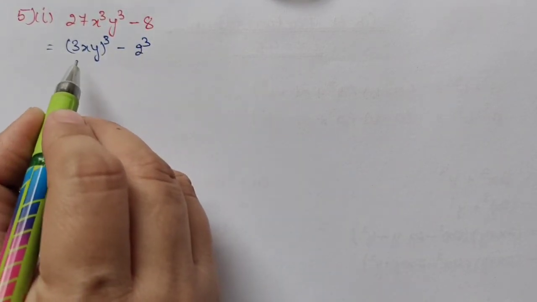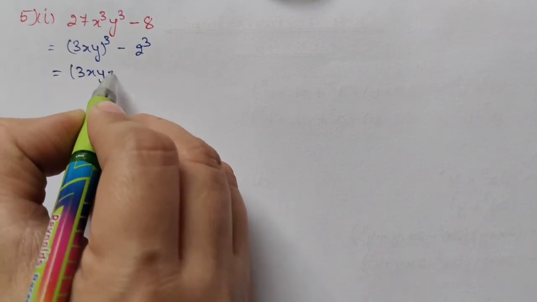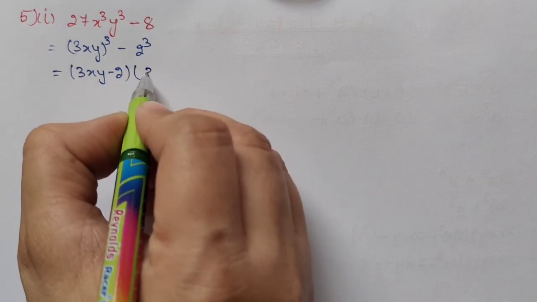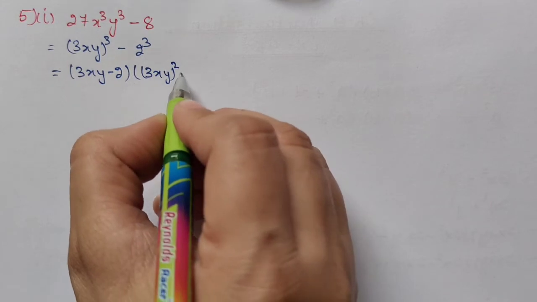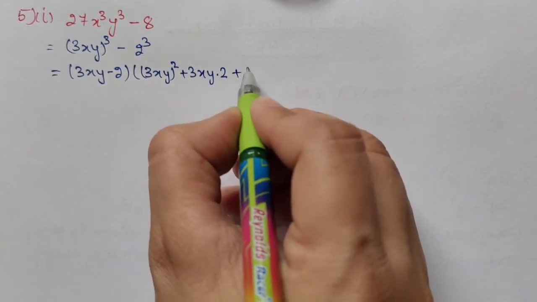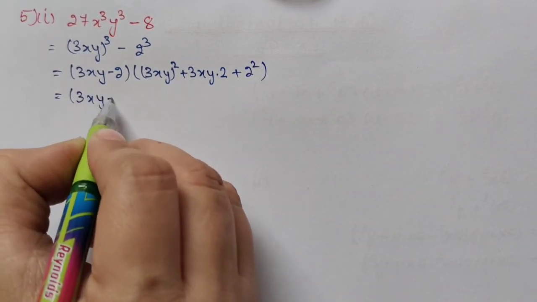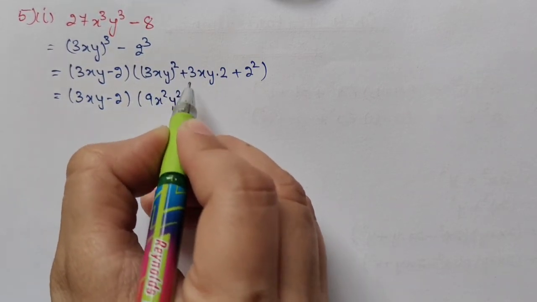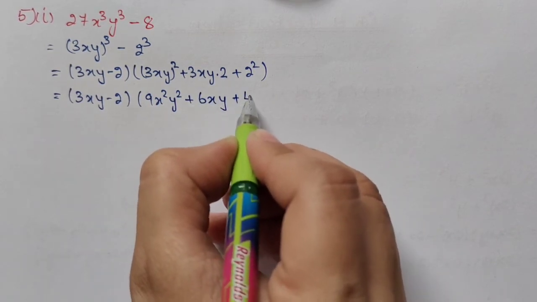Now we can apply the formula a³ − b³ = (a − b)(a² + ab + b²). So it is (3xy − 2), then a² means (3xy)², plus ab, 3xy into 2, then plus b² means 2². So it will be (3xy − 2). Here we will get 9x²y² + 6xy + 4.